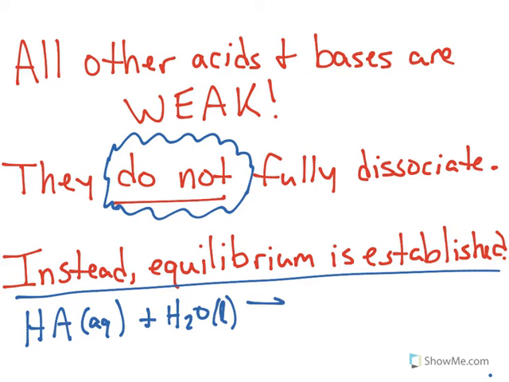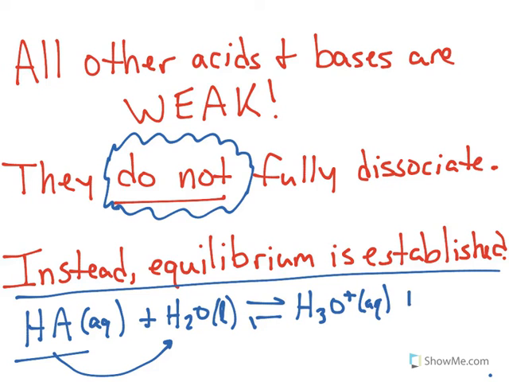It's actually going to establish an equilibrium where some and only a little bit of this H plus dissociates, releasing that hydrogen, which then attaches to the water, forming just a little bit of that hydronium ion, H3O plus, plus just a little bit of that anion that's left over from the HA acid that we're not sure what it is. So strong acids and bases fully dissociate, whereas weak acids and bases only partially dissociate and establish an equilibrium instead.